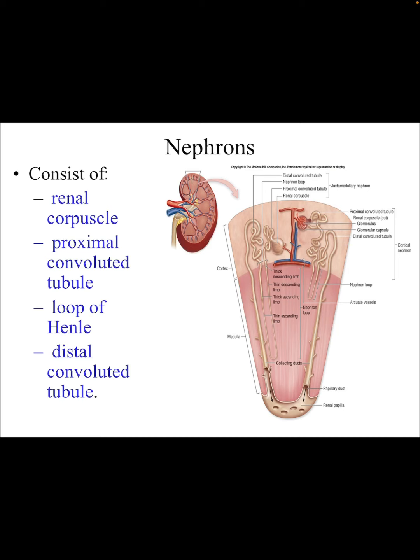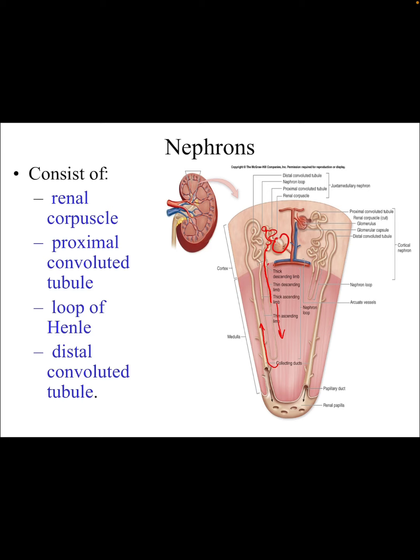So we'll talk about the structure of the nephron. The nephron consists of the first part, which is the renal corpuscle. Then we have the proximal convoluted tubule. Then we have this tubule that's going to descend and then reverse in direction and ascend.